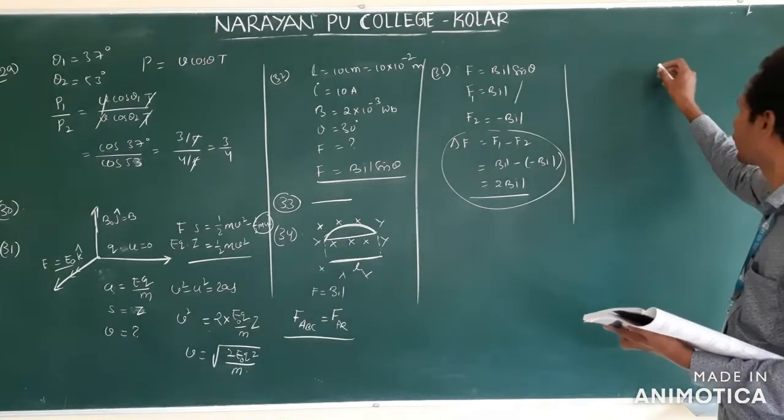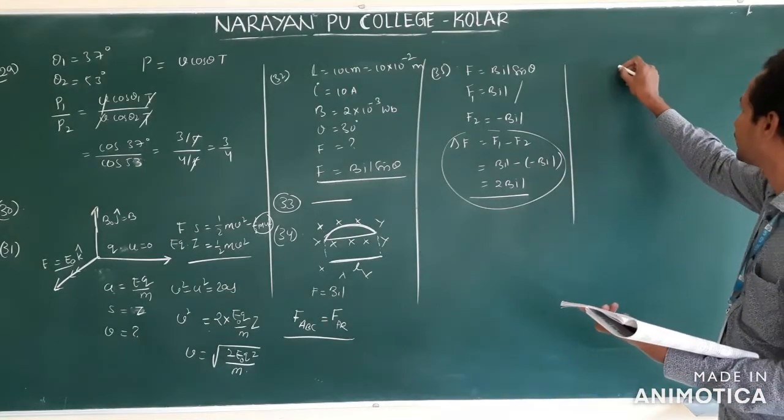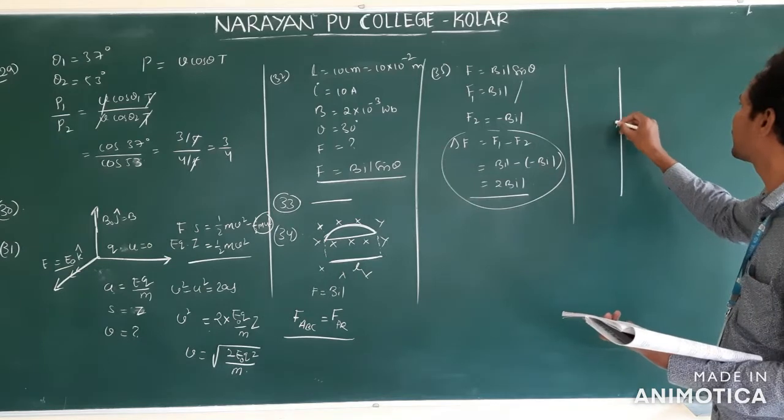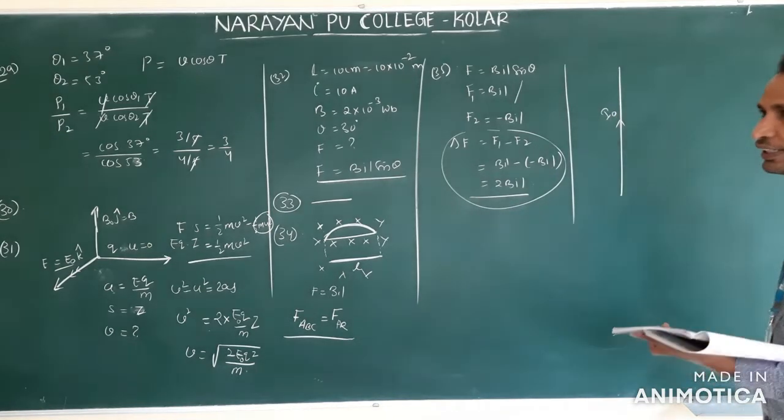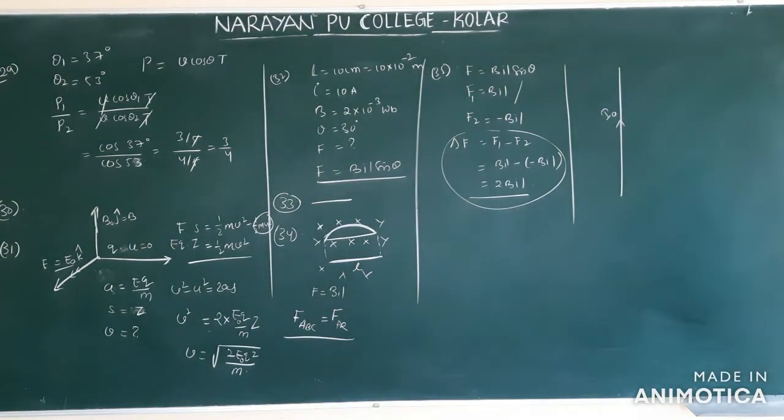Now, one current carrying conductor is there here. This current is I naught. Next, a loop is placed like this.